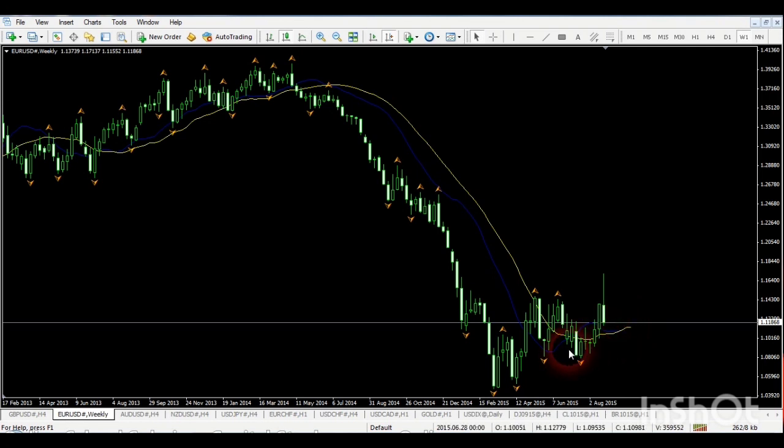Another rule that I forgot, and this is really important: when the 2 lines are on each other and really close to each other, you should not trade, because your chart is sideways in that way.